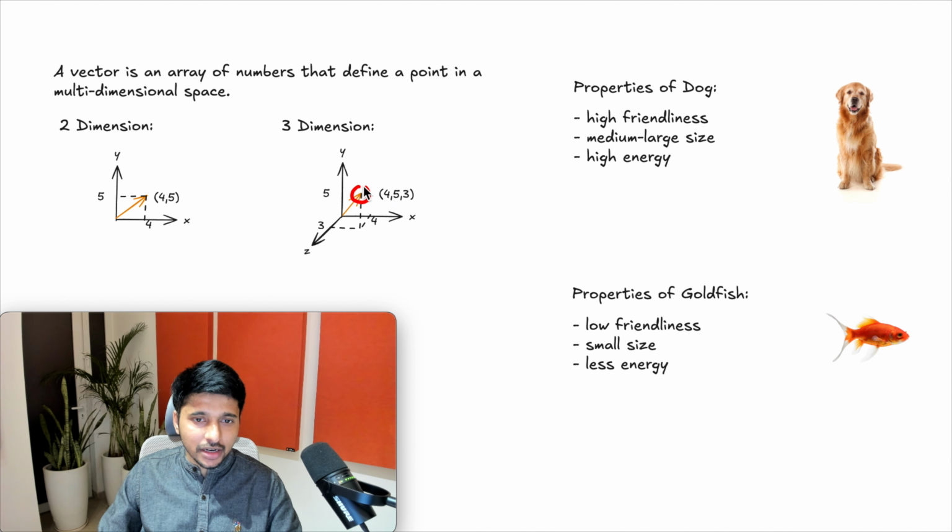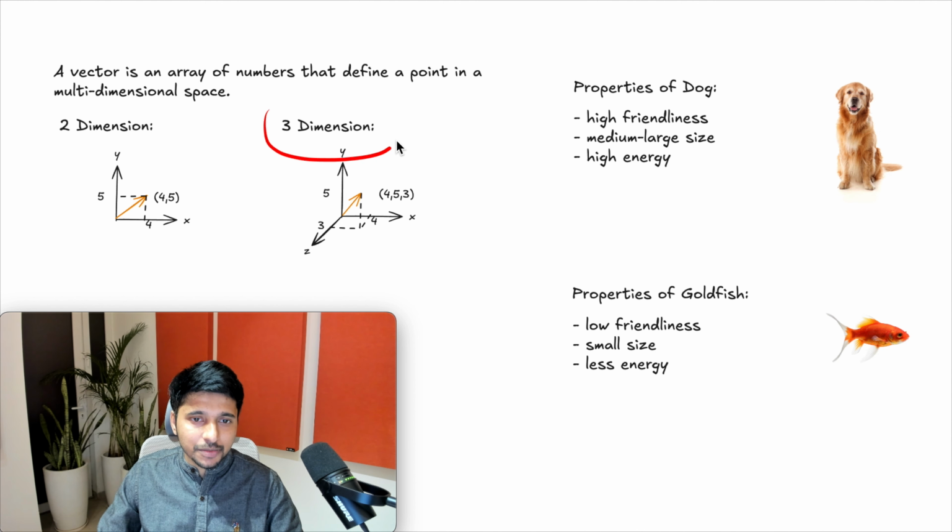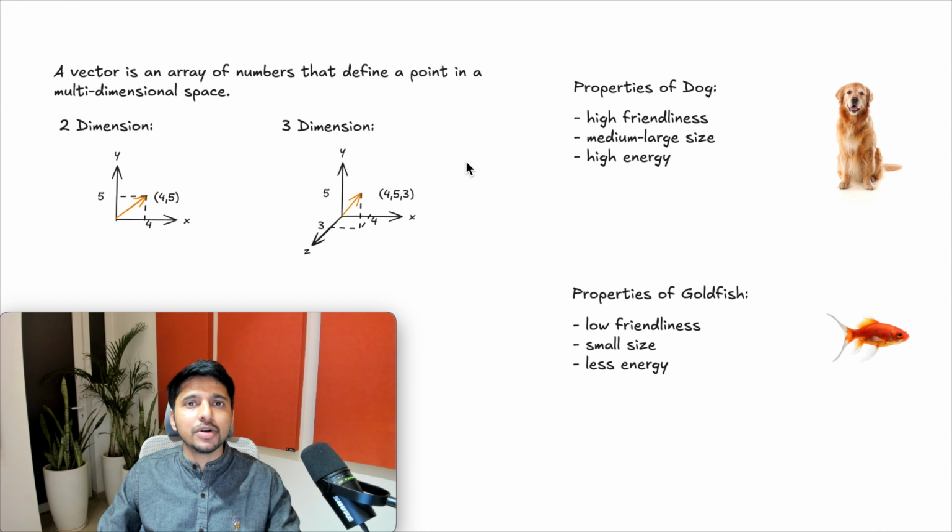So this is a point. A vector is an array of numbers that defines a point in a multi-dimensional space. So this is the array, this is a vector, and this is present in a 3-dimensional space. So these were the examples of vectors in 2D and 3D space.